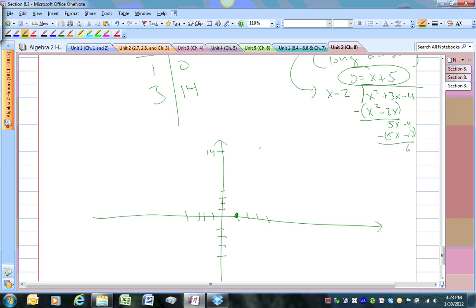Plot 3, 14. Now if I graph my slant asymptote, it's actually going to look like this. And graph my vertical asymptote, it'll look like this. So graph will be kind of like that.